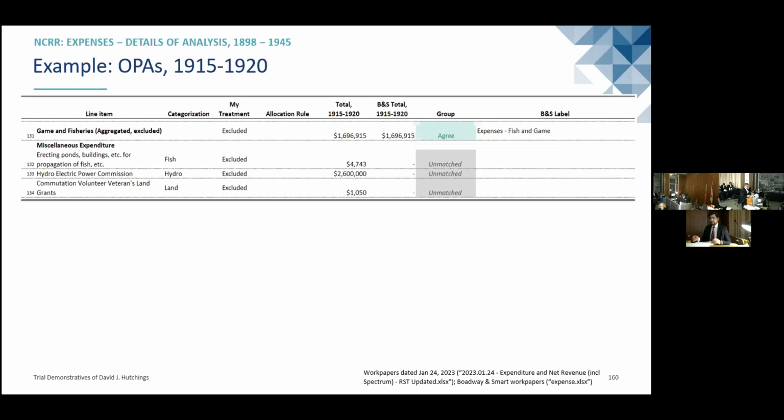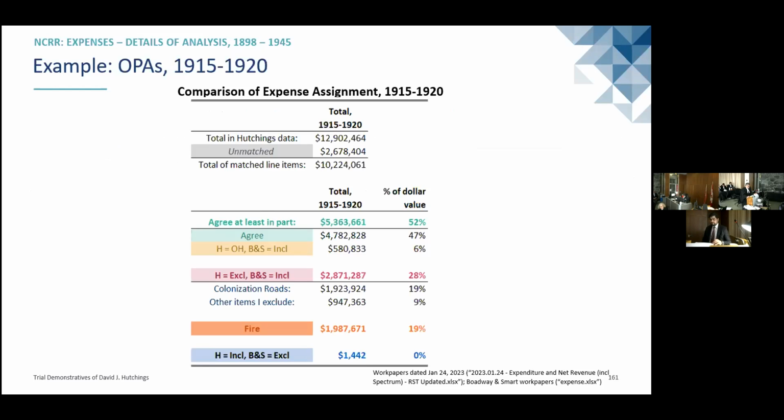So that's 134 individual line items. On the next slide, slide 161, I try to provide a perhaps more helpful summary by looking at the dollar amounts rather than the individual line items. So in my accounts, I have 12.9 million in Ontario-wide expenses in this period. 2.7 million of that, or $2,678,000, I can't match directly to Professor Bodway and Smart's data.